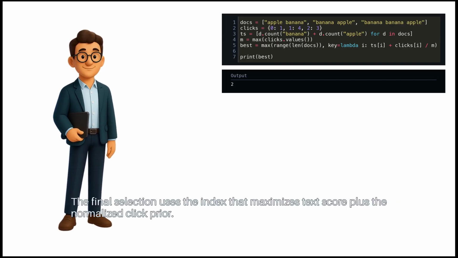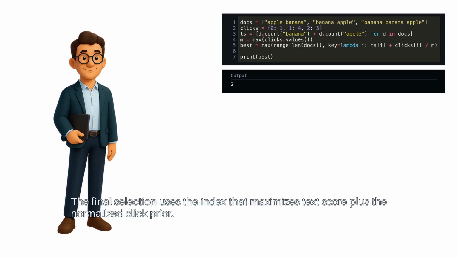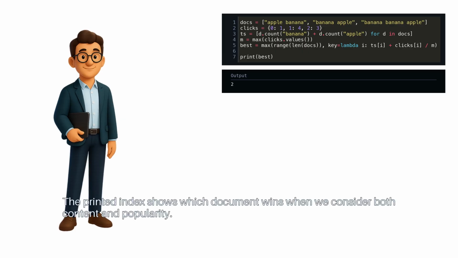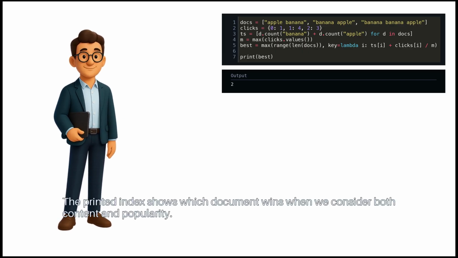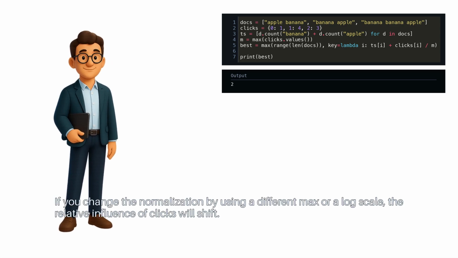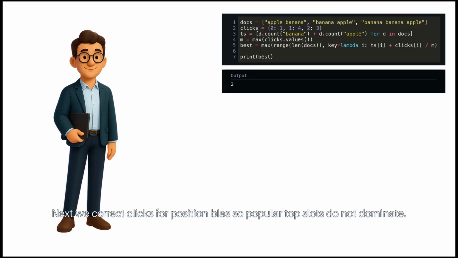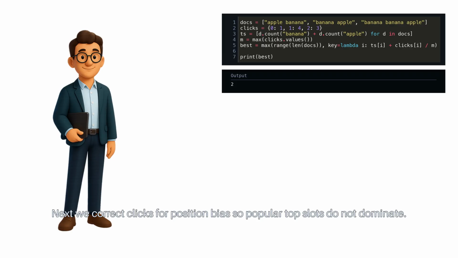The final selection uses the index that maximizes text score plus the normalized click prior. The printed index shows which document wins when we consider both content and popularity. If you change the normalization by using a different max or a log scale, the relative influence of clicks will shift.